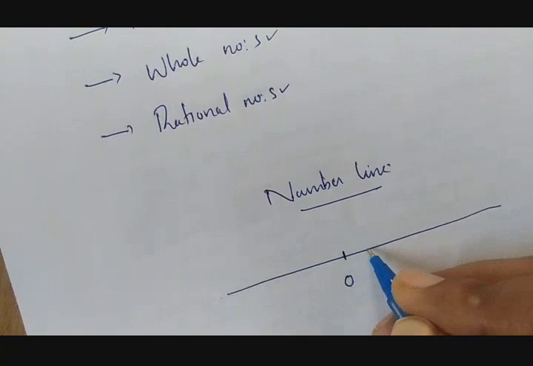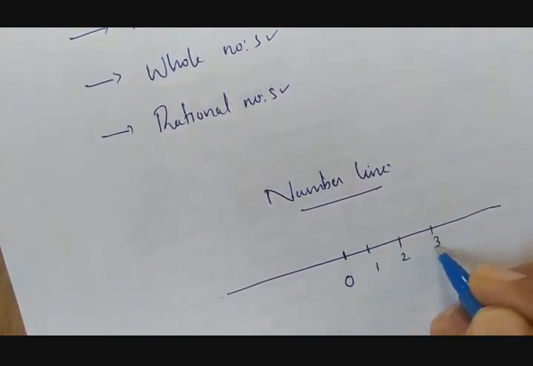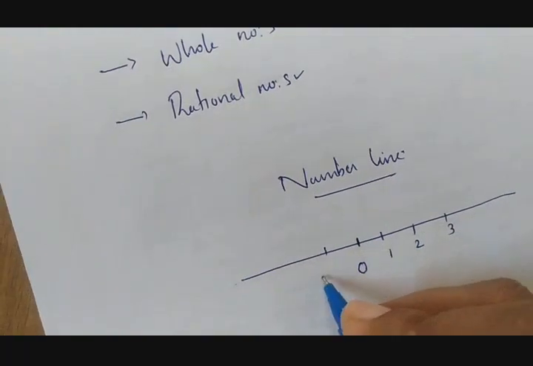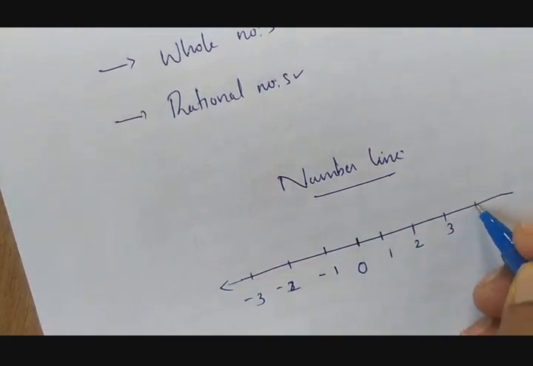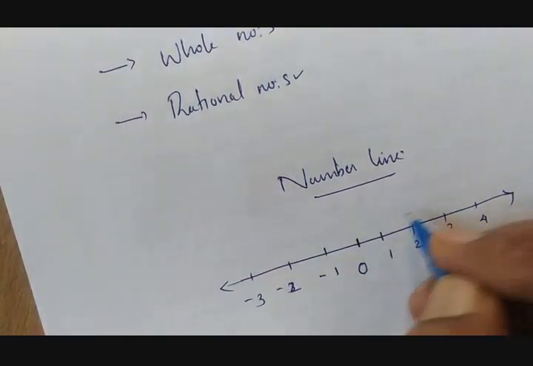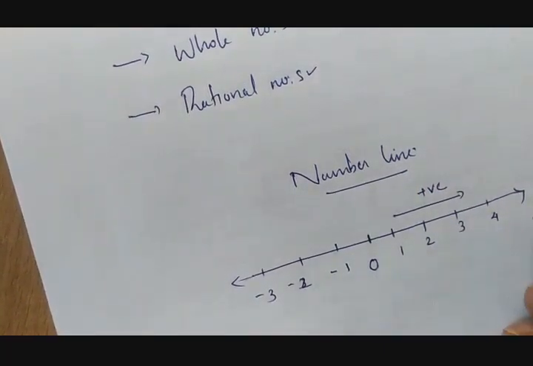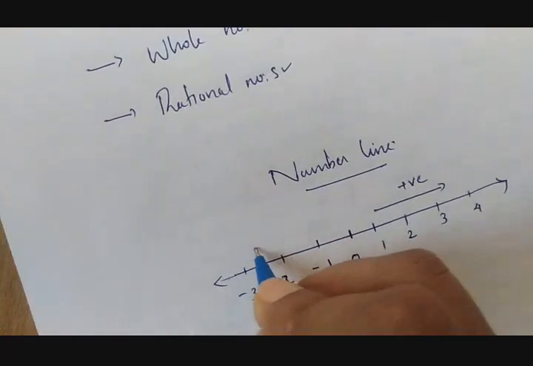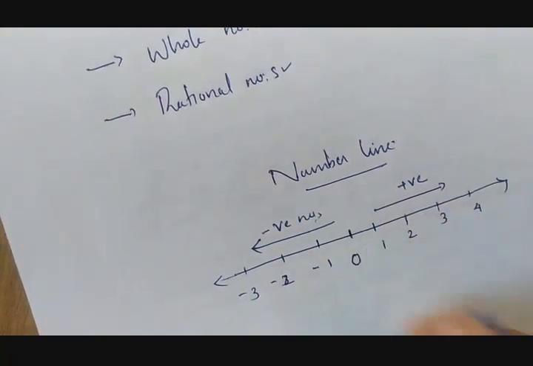Right of the 0, it is positive numbers. Here, negative numbers. Zero. In this direction, positive numbers are marked, and in this direction, negative numbers are marked. These are the numbers present in the number system.